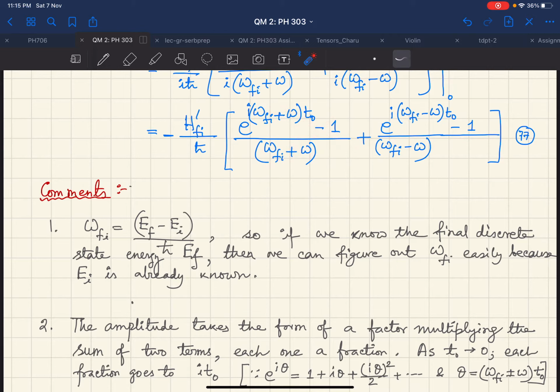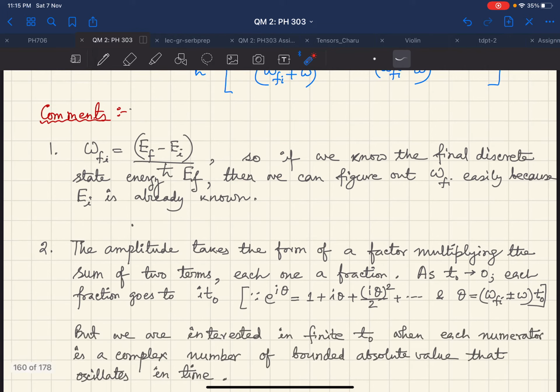If omega Fi is very close to omega, that means omega Fi minus omega is equal to 0 or almost equal to 0, then this term is no longer dominant. The dominant term is this one. Similarly, you also have a scenario when your omega Fi plus omega is very close to 0. That means omega Fi is close to minus omega. At that point of time, this term will no longer be of much importance.